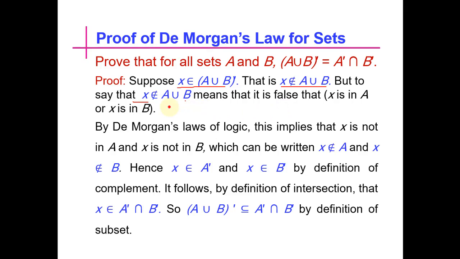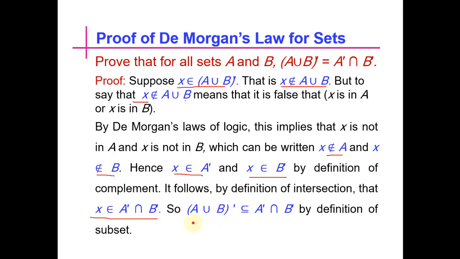it means that x is neither in A nor in B. So x is not in A and x is not in B can be written as x does not belong to A and x does not belong to B. So by this we can say that x belongs to the complement of A and x belongs to the complement of B. So it follows by definition of intersection that x belongs to A complement intersection B complement.